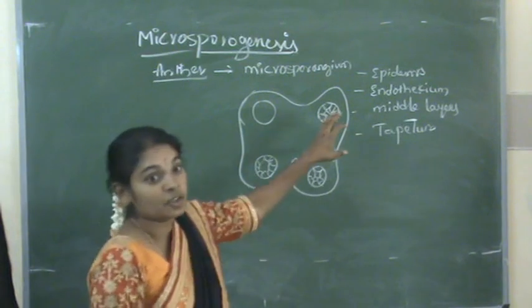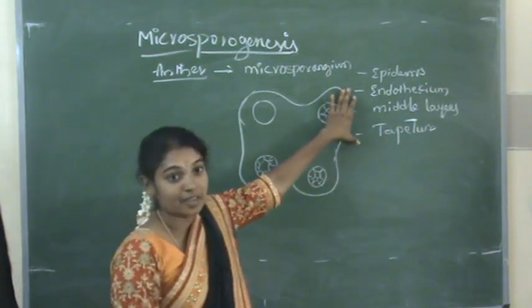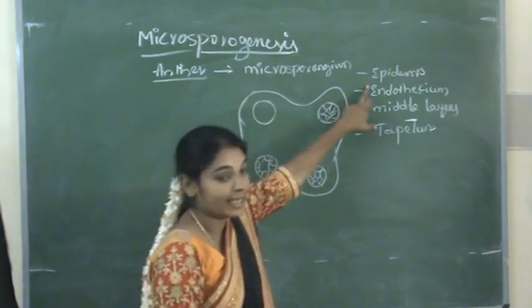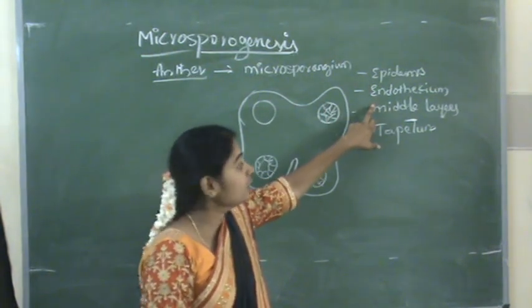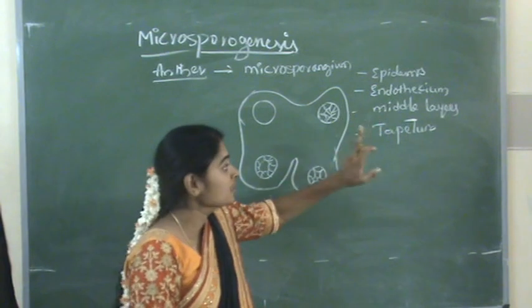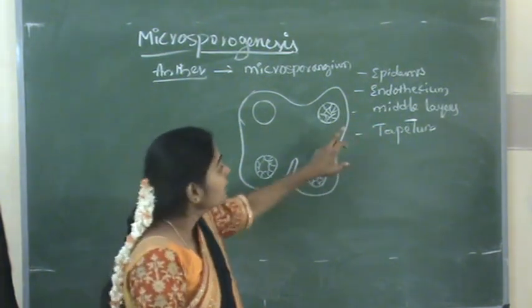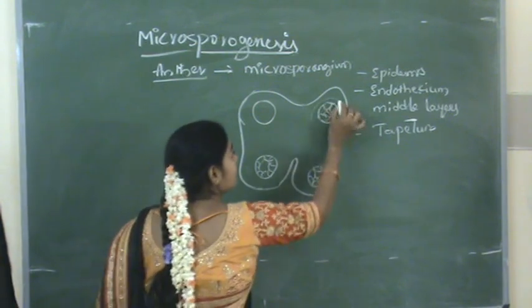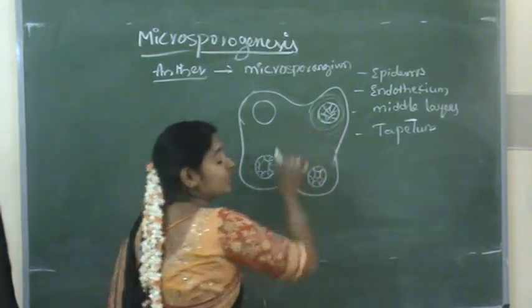So the anther wall is made up of 4 layers: epidermis, endothecium, middle layers, then tapetum. And this tapetum surrounds the microsporangial tissue.